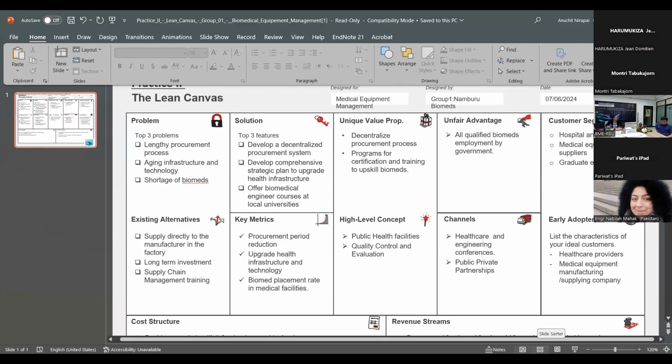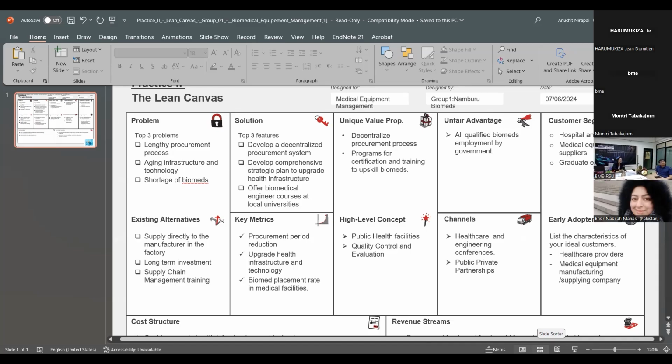And we tried to focus on three solutions. The first is to develop a centralized procurement system, then to develop an understandable strategic plan to upgrade health infrastructure, and then a third solution of offering biomedical engineer courses at local universities.